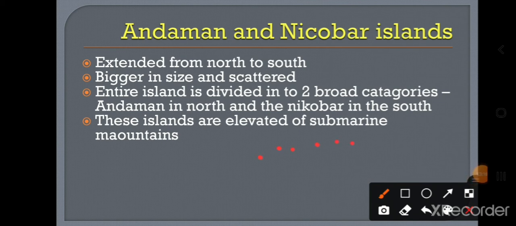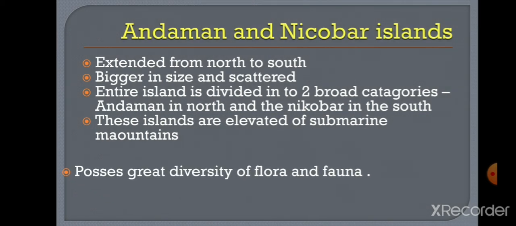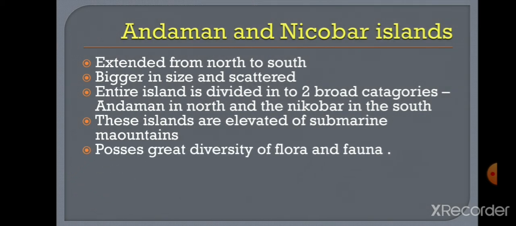If we assume that this is the water level, okay, then this is the area of Andaman and Nicobar, and this top is known as Andaman Nicobar. Okay, so when we talk about Andaman Nicobar, it is the submerged mountain tops, and it is known as Andaman and Nicobar.